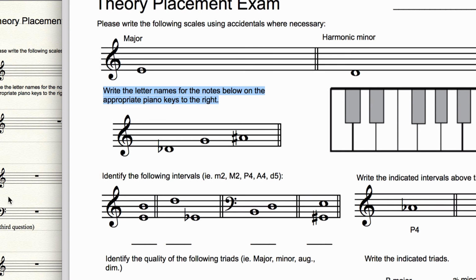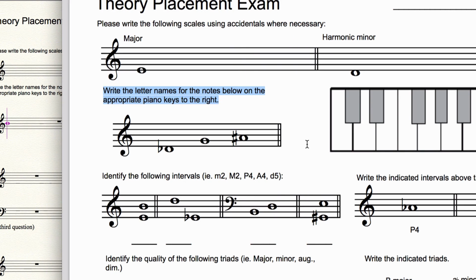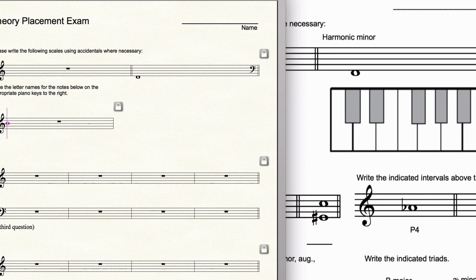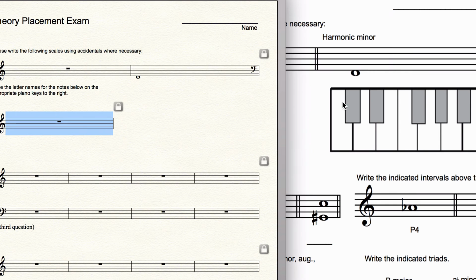On my final layout copy, I need to put in a D flat, a G, and an F sharp. And I need to do it in whole notes. There's a couple ways to do that. The easiest way, I think, is to change your time signature. So if I change my time signature, I want my beats to be 1, and I want it to be 3-1, so that I can get 3 whole notes in one beat.